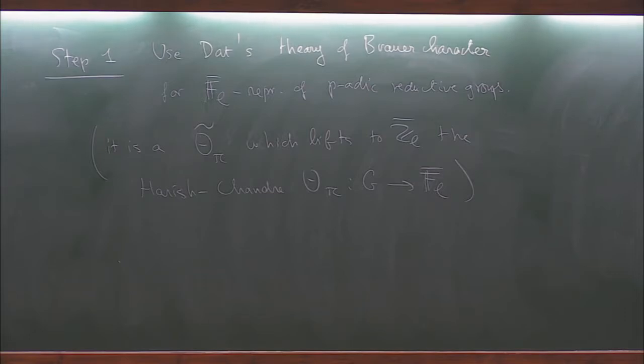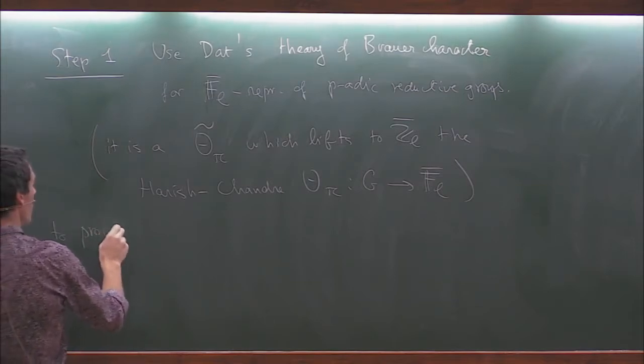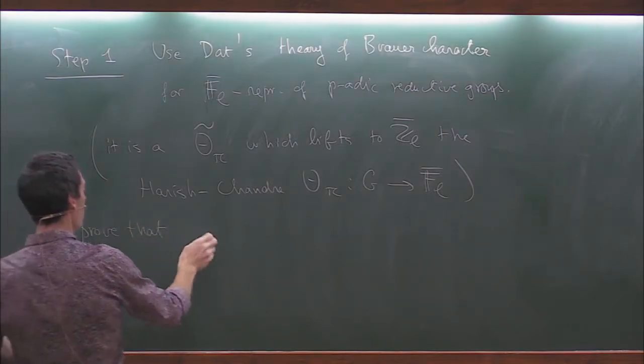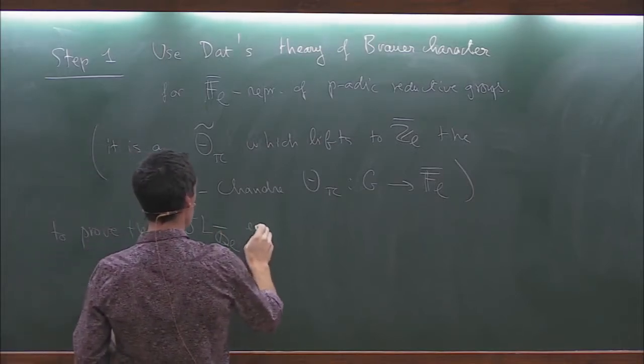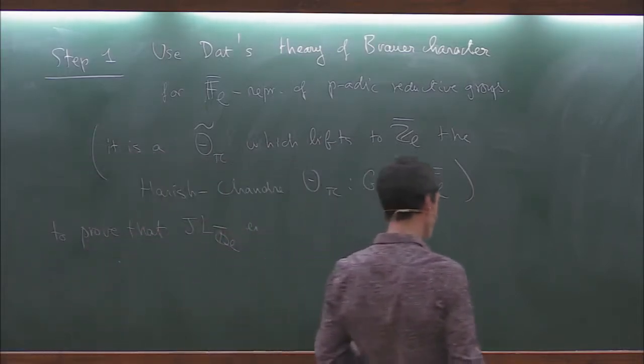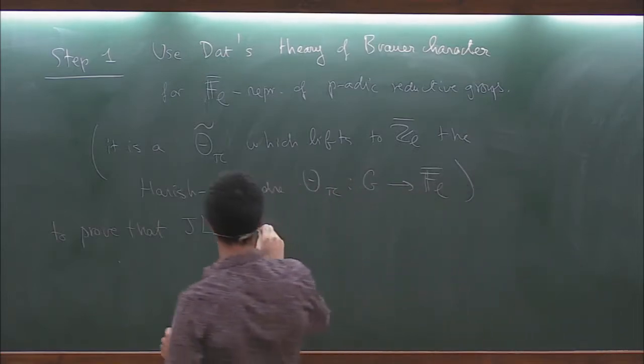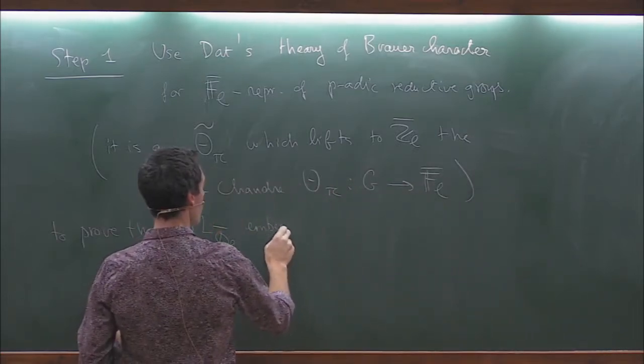Okay, and so thanks to this theory of Brauer characters, and thanks to the fact that A is compact mod center, this is why we moved from H to A, one can prove that the Jacquet-Langlands correspondence embeds.